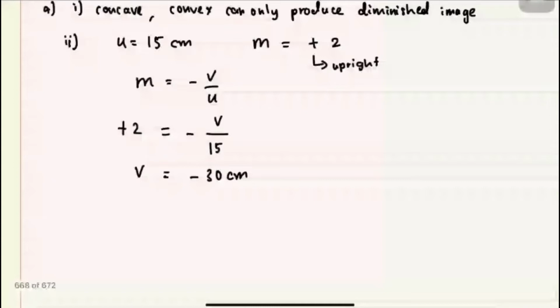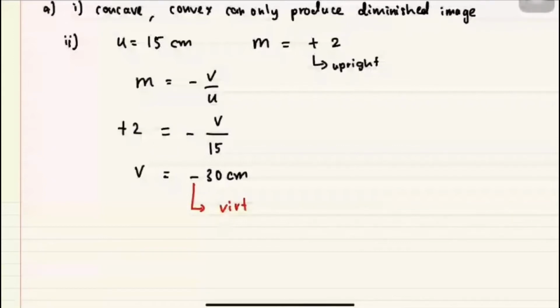Okay, and then question number 3, determine the radius of the curvature of the mirror. So number 3, I can find 1 over F, focal length, first. I can use yang 2 over R straight away kan. So 1 over F is equals to 1 over 15 plus, okay, kita masukkan V kan, V tu ada negatif, so letak negatif.